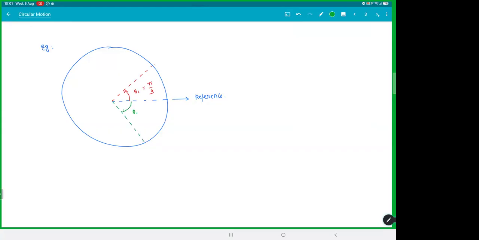And let's say this was theta2, which was pi by 6. If someone asks you what is theta1, you will write it as pi by 3, going anti-clockwise, k cap. This is how you represent it. From the reference line, you have to rotate it anti-clockwise. If they ask you what is theta2, you will say pi by 6 minus k cap. So you are defining a direction even for the angle vector. This is clockwise.